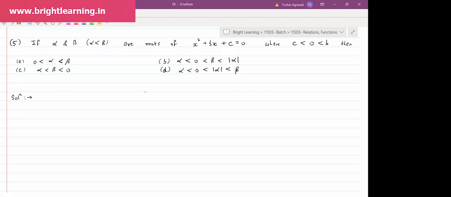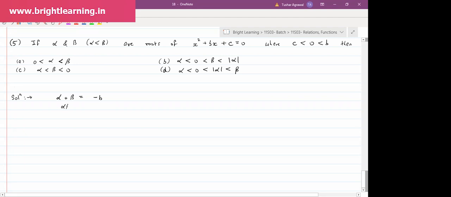See, now here we know that alpha is less than beta, and just C is negative and B is positive. That's the only thing which he has given. So now what do we know? Alpha plus beta is equal to minus B by A, which is minus B only in this case.